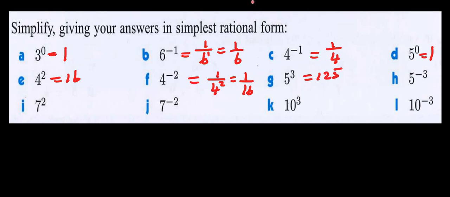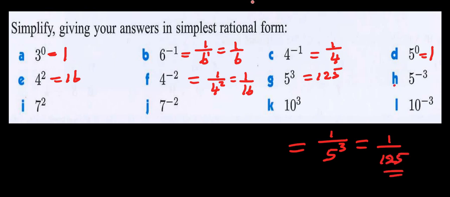So if you now have 5 exponent negative 3, you can simply write that as 1 over 5 exponent 3. Just change the negative exponent to positive by making it a fraction, and this will become 1 over 125.